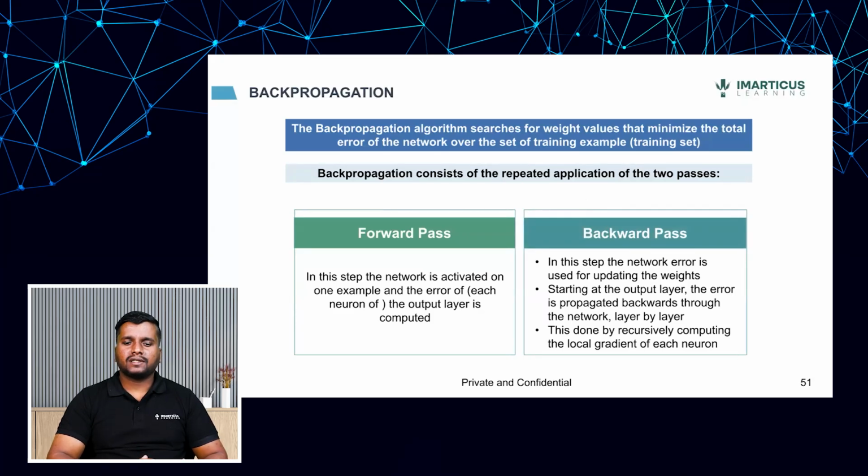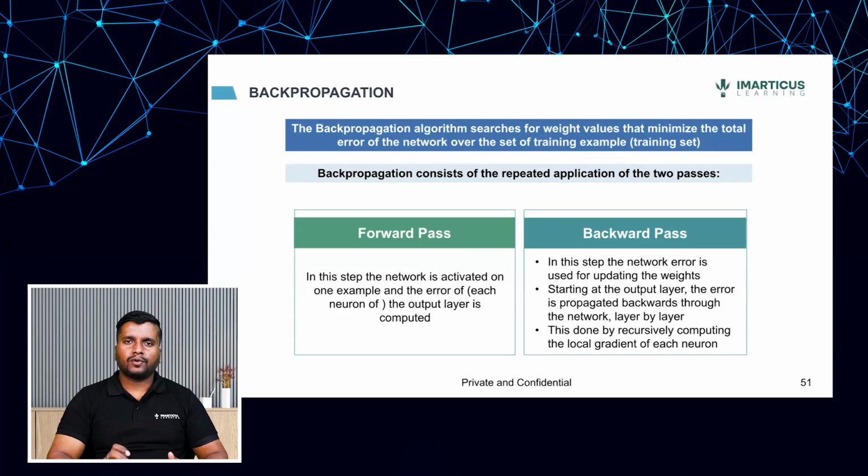Backpropagation consists of repeated application of two passes. First is the forward pass, and second is the backward pass. As we saw, in the forward pass the network is activated on one example, and the error of the output layer is computed for that example. In the backward pass, the network error is used for updating the weights, starting at the output layer.